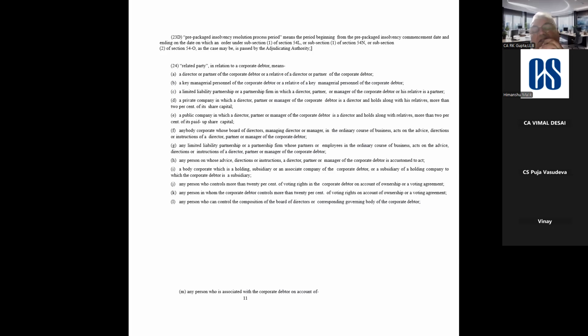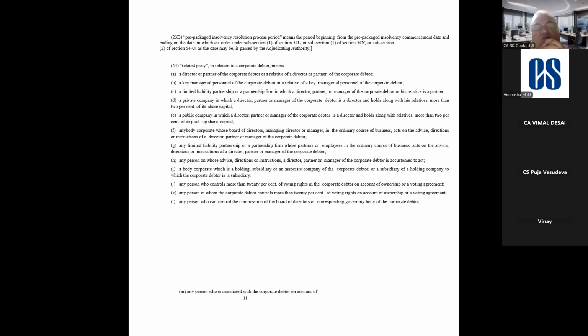Why is understanding the definition of related party important? Why is it important? Because there may be a tendency to divert the funds to some related parties. Say, because the management was aware that there could be some financial issues, they diverted the funds to the related party.